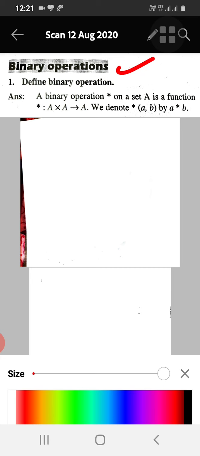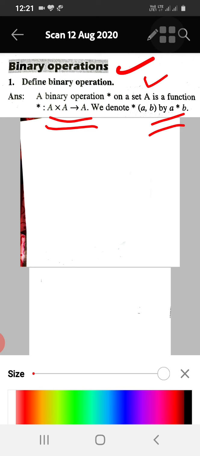A binary operation star on a set A is a function from A cross A to A. We write it as A star B, where A and B are any two elements.